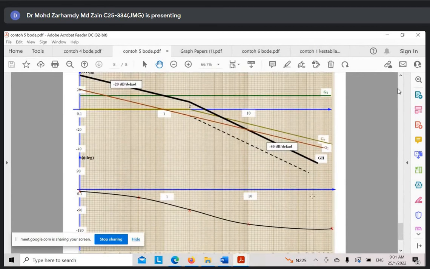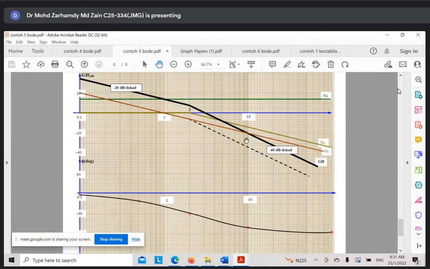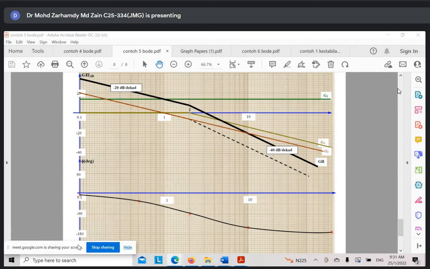Okay, kena lihat. So kalau kita lihat kat sini, if we are looking for phase margin, then intersection of this, you lunjurkan kat sini, this is 180, gariskan dulu here, and then here this is our phase margin, and then gain margin, intersection of negative 180, sini ke atas sini, it will go to here.